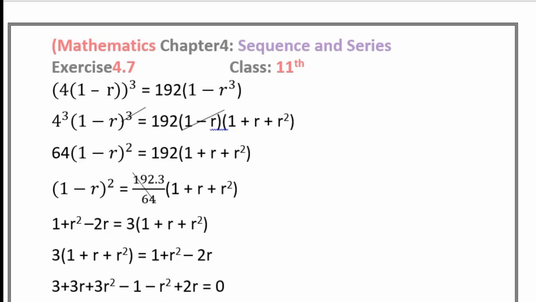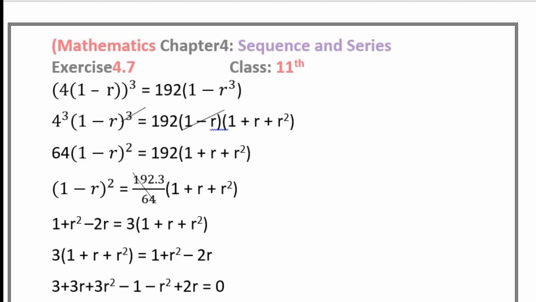Taking the right hand side terms to the left hand side, the signs change, so we get 3 plus 3r plus 3r square minus 1 minus r square plus 2r equal to 0.